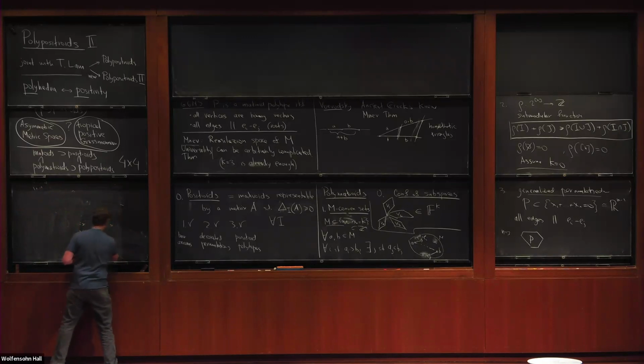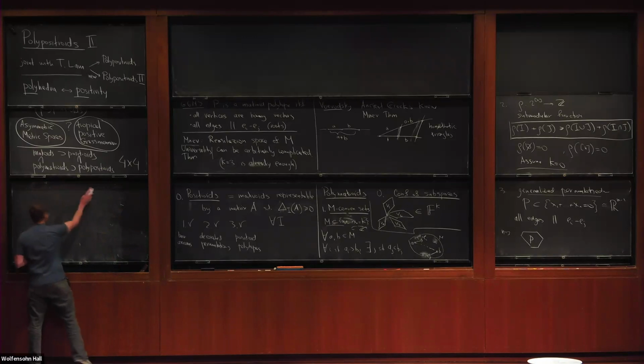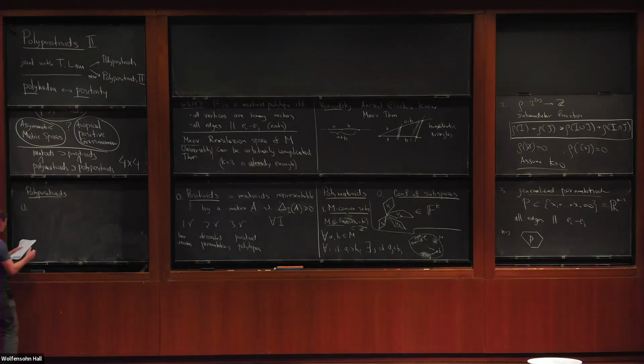I'm going to add some extra conditions to polymatroids, starting with 0. So a polypositroid is a polymatroid, realizable.